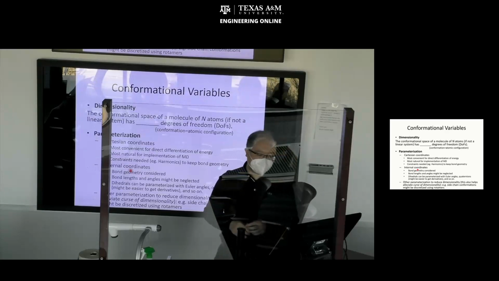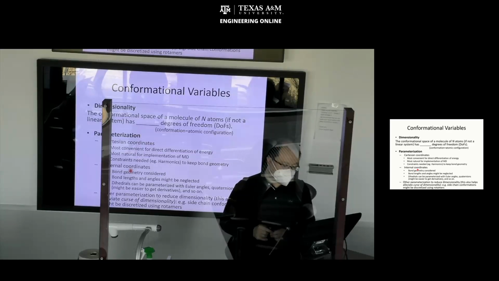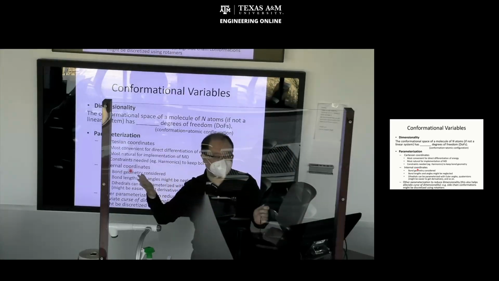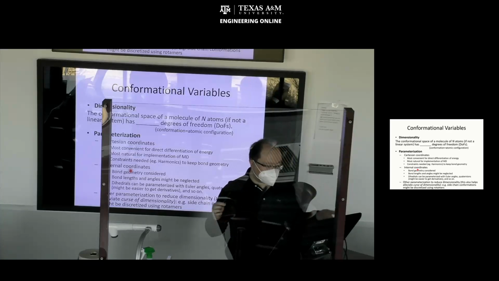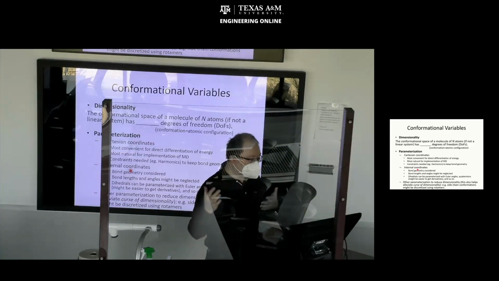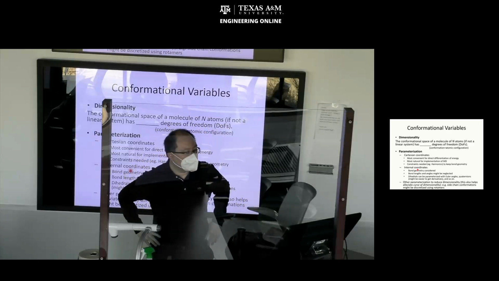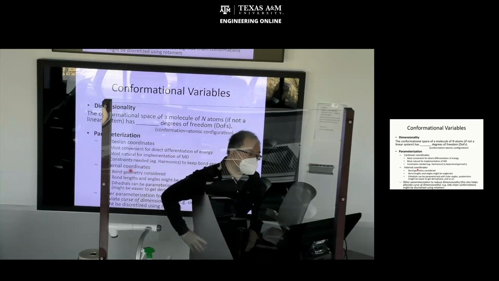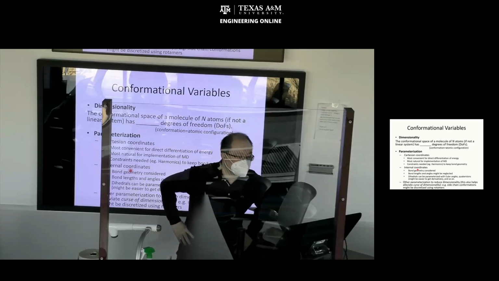So first, let's talk about the dimensionality. If we have a molecule of capital N atoms, and these N atoms are not linear, so they are not on a line, the conformational space, or another way of saying it, the structural space of the molecule, has how many degrees of freedom?